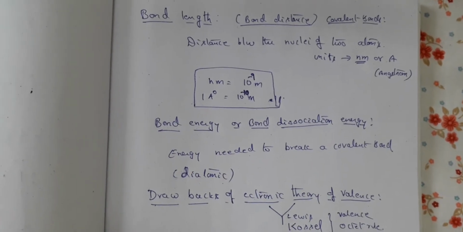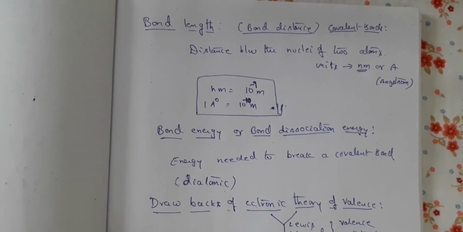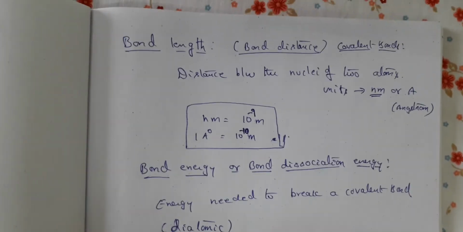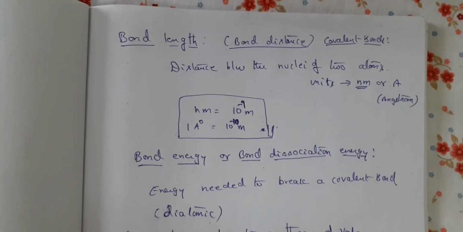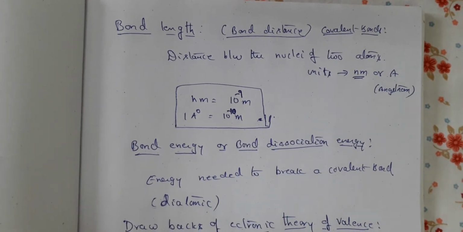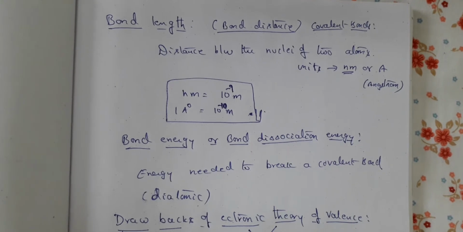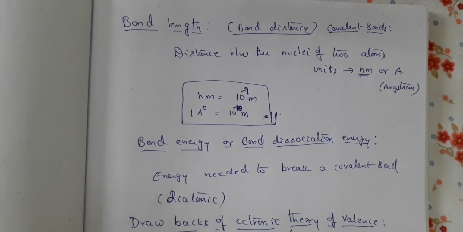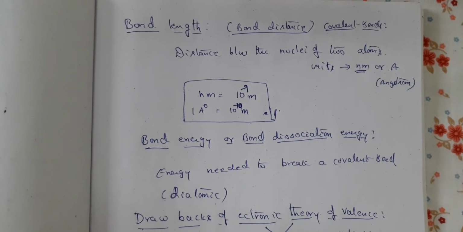Now if that is the case, there would be some distance between the nuclei of the atoms taking part in the bond, and that distance between the nuclei of two atoms we call the bond length. So the distance between the nuclei of the atoms participating in a covalent bond is called bond length or bond distance.